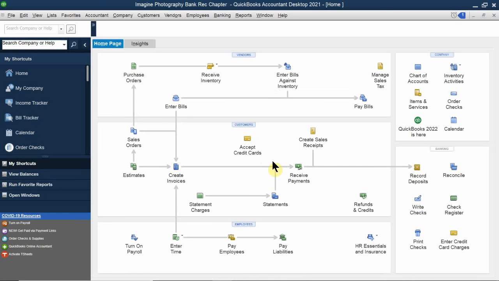Now again, you need to do this first on your bank account, and then you record the bank transfer right here in QuickBooks, okay? Because money does not magically move from QuickBooks into your bank account unless you link your bank account.